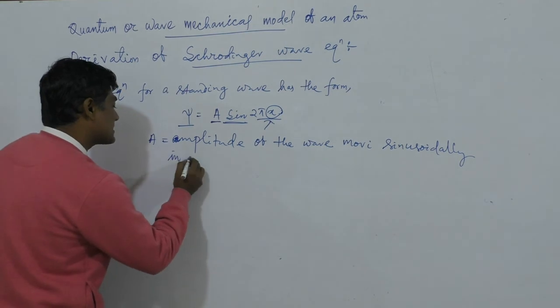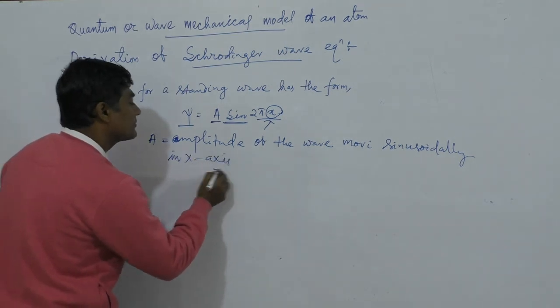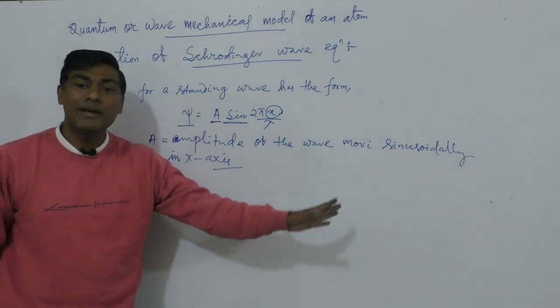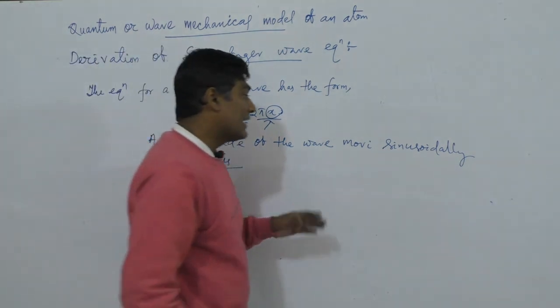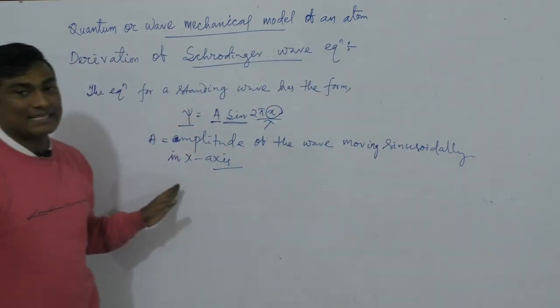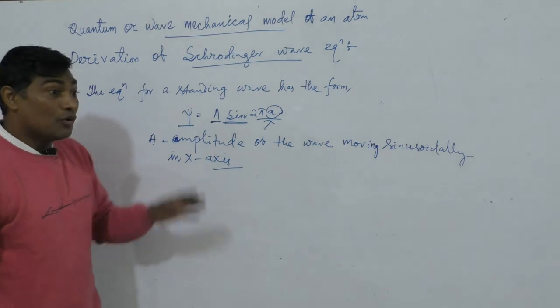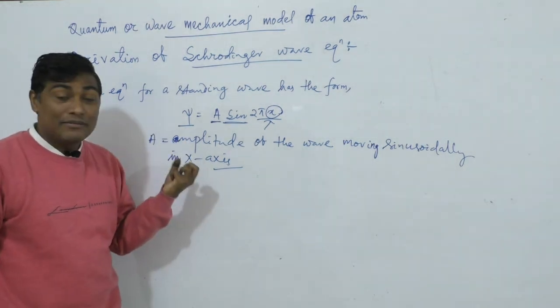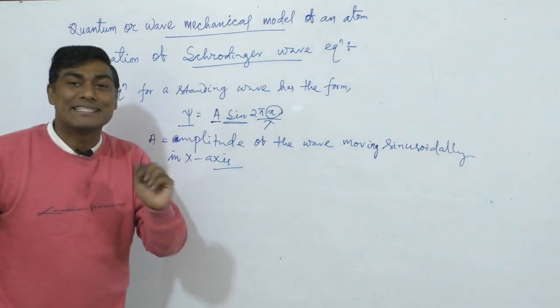In the x-axis. So this A is the amplitude of the wave moving sinusoidally in the x-axis. We will start with the derivation, taking the derivative of this psi twice.